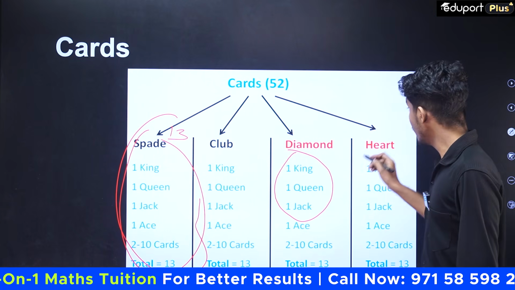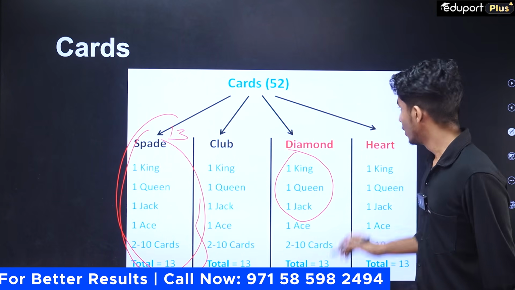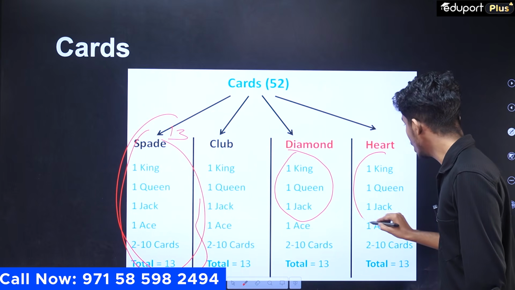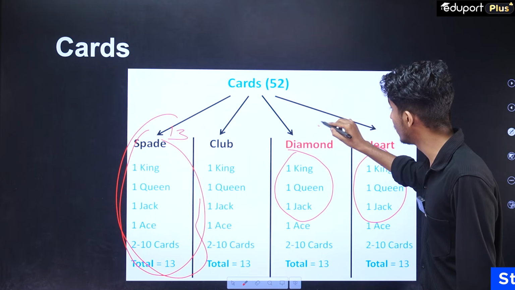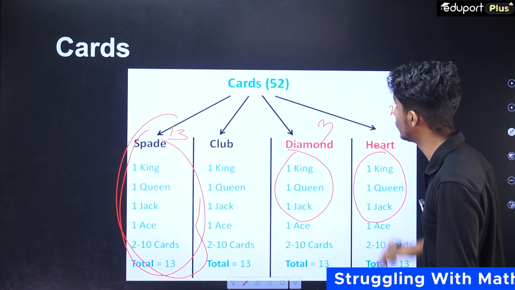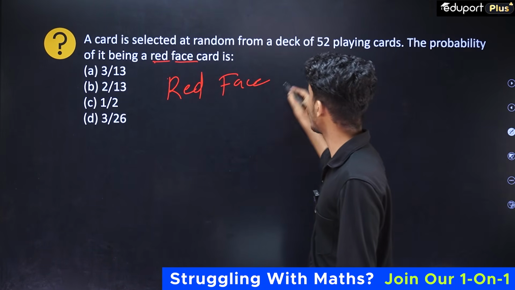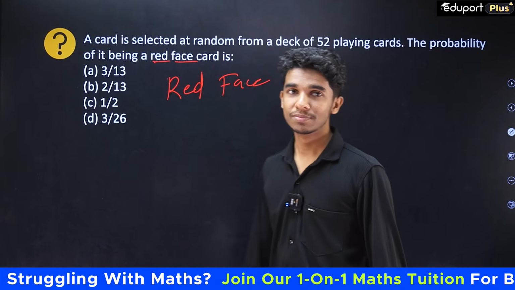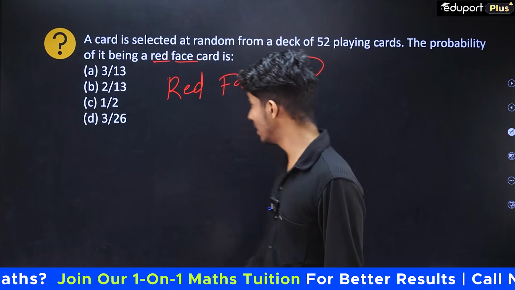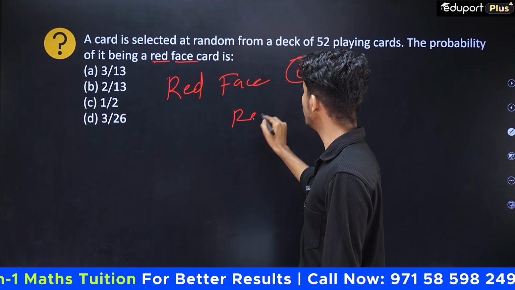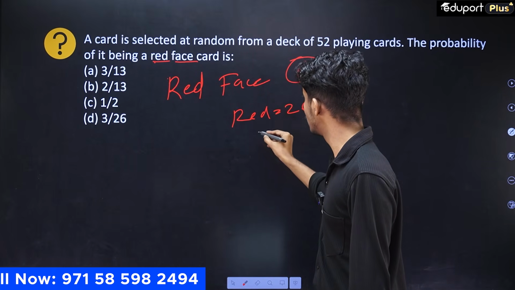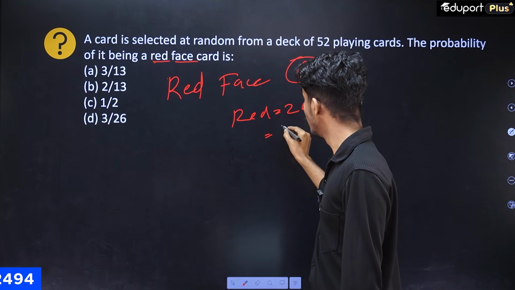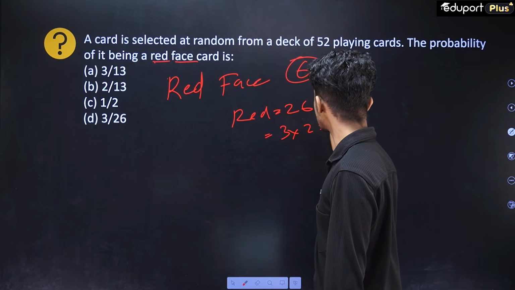Similarly, hearts are also red, and you will have the face cards king, queen and jack. So in diamonds you have 3, in hearts you have 3, so a total of 6. Under the 26 red cards, you have 3 into 2, which is 6 face cards.